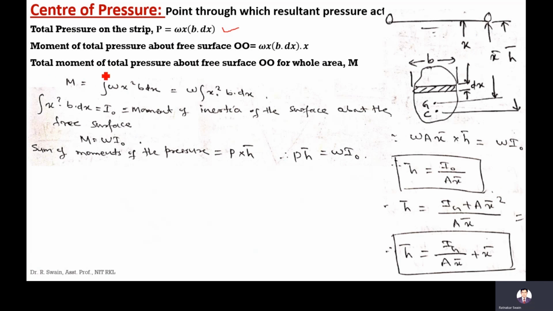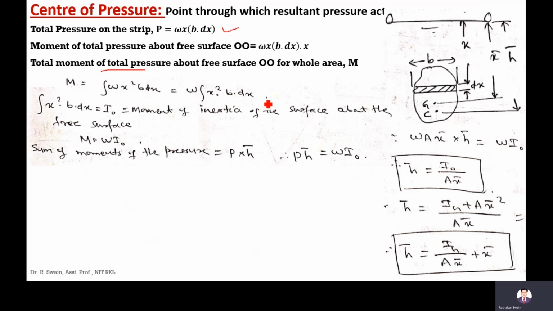Now for the total moment of the total pressure for the whole surface, we integrate this term, W x B dx into x, which is nothing but W x squared B dx. Taking W common, we then have the integration of x squared B dx.